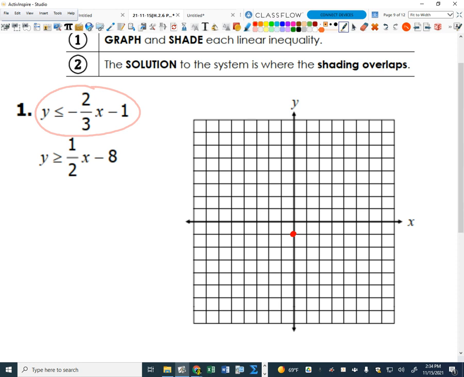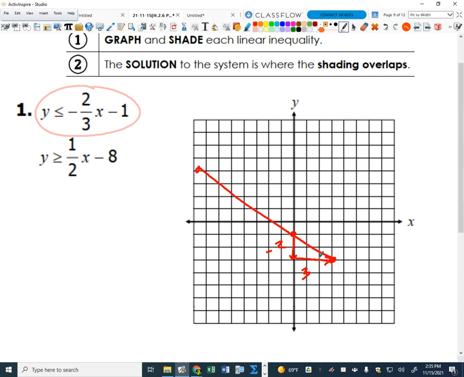Gavin, how much am I rising from my y-intercept? For this line right here, I'm starting at -1. What am I doing? Good. Down 2 and over 3. Very good. Create a second point. Solid or dashed boundary line? Solid. Good.